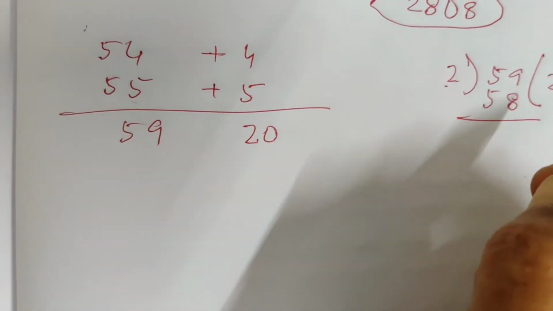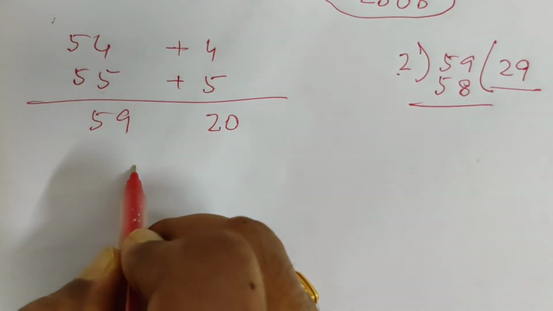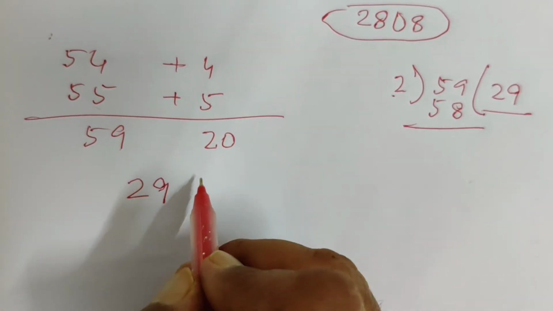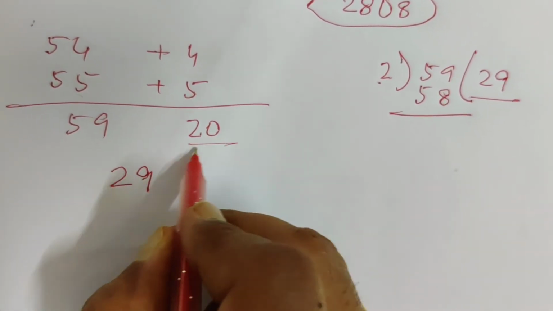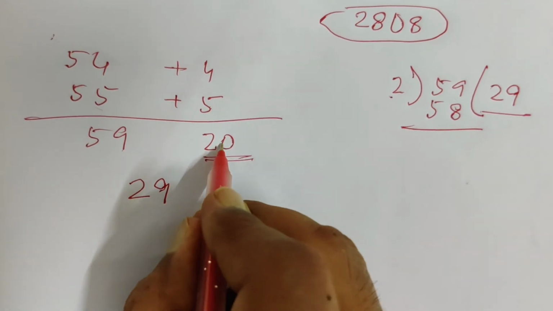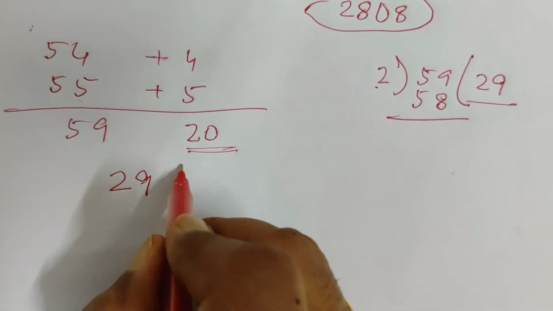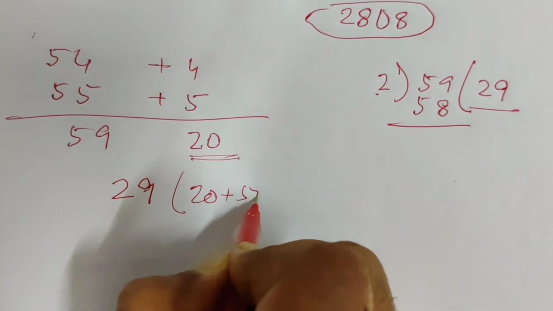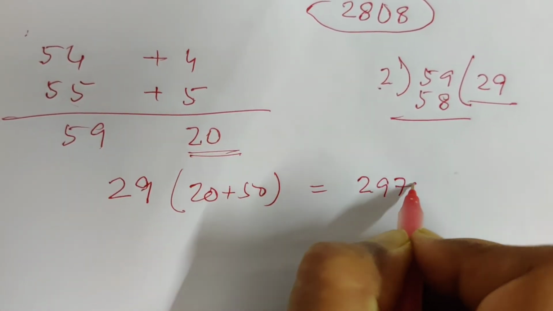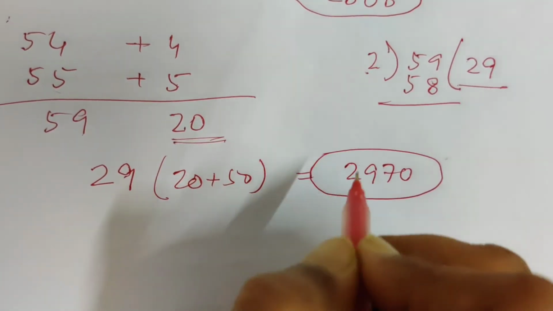So what are we going to do? We write this 29 over here, and here what you have to write? This is 20. We should not add 20 over here. What you have to do? 20 plus 50. That is 70. So it comes to 2970. This is the answer.